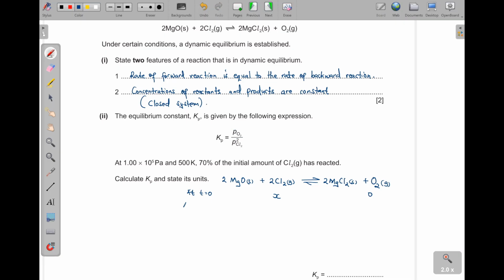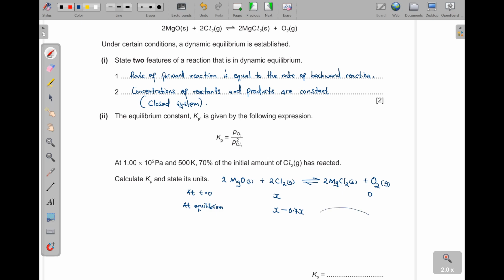Then at equilibrium, what are we seeing? Something reacts off from here, and I say that 70% of the initial amount has reacted. So 0.7 of x has reacted.